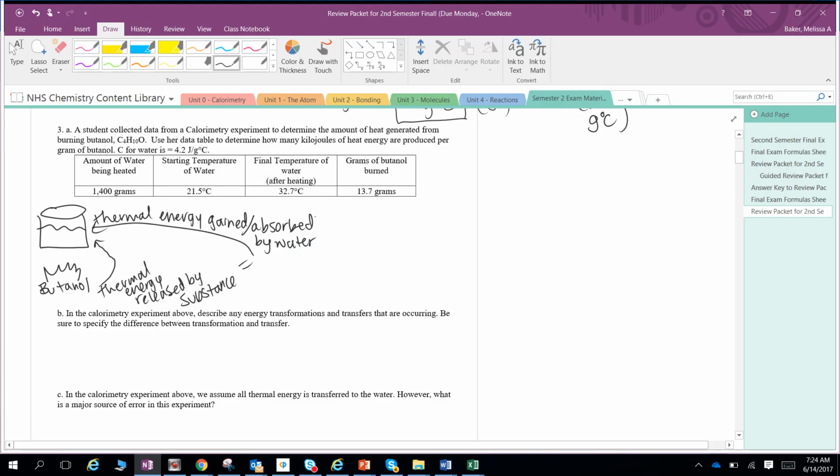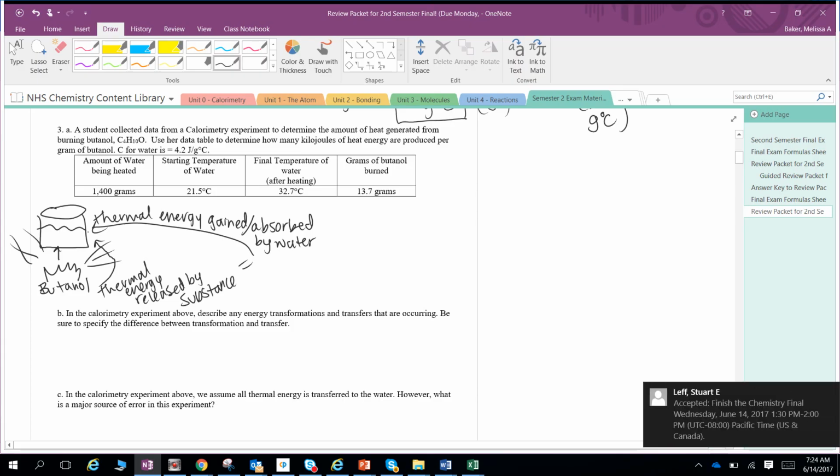Now that's quite an assumption because this is not a closed system. As you can see, some of the thermal energy will be transferred to the surrounding air, to the material that the can is made out of, but it's pretty good.